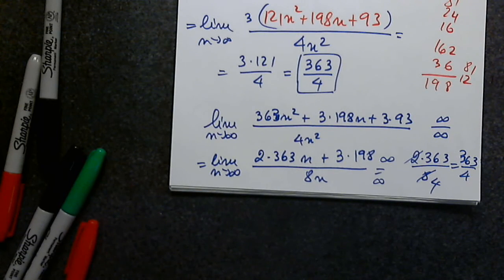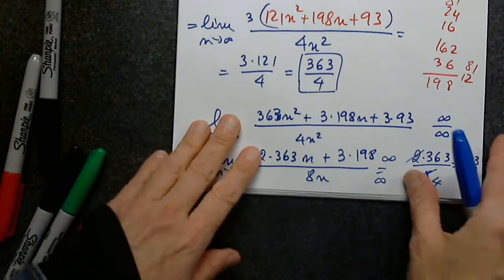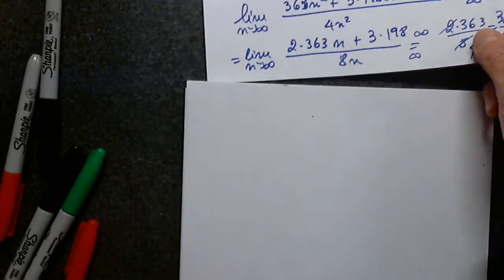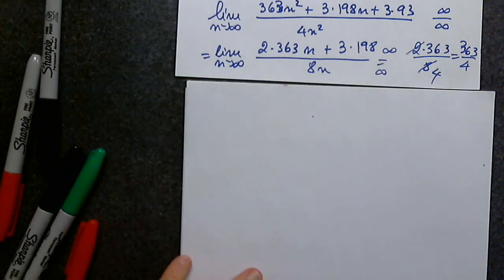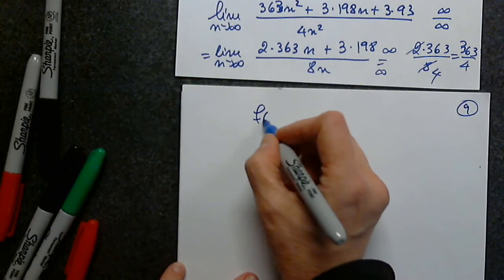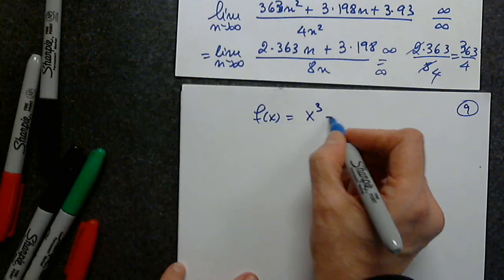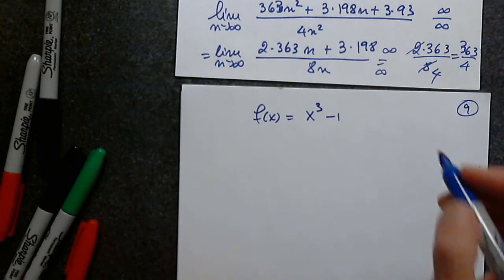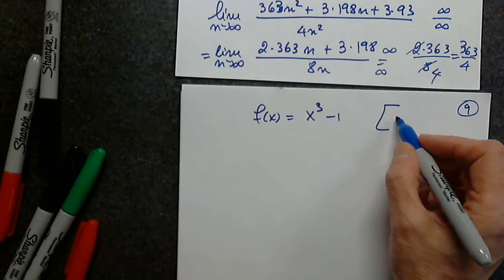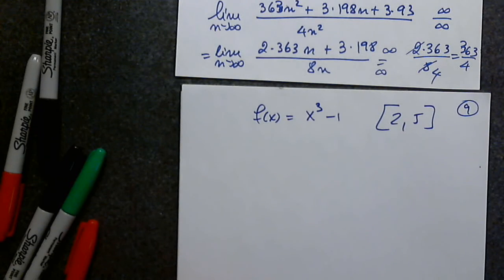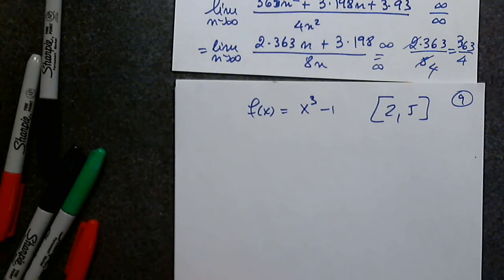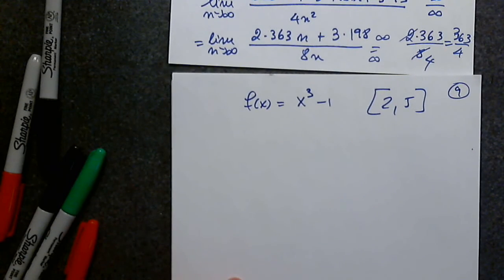What's the more work when you have a cubic that doesn't start with 0? Correct. So let me show you what's going to happen with that. Let's say we have f of x, which is x cubed minus 1. And let's say we have the interval, I don't know, 2 to 5.